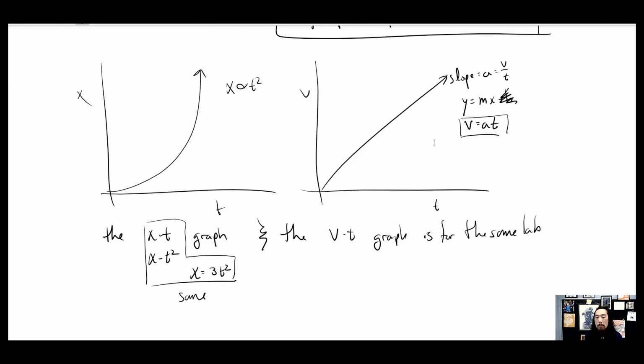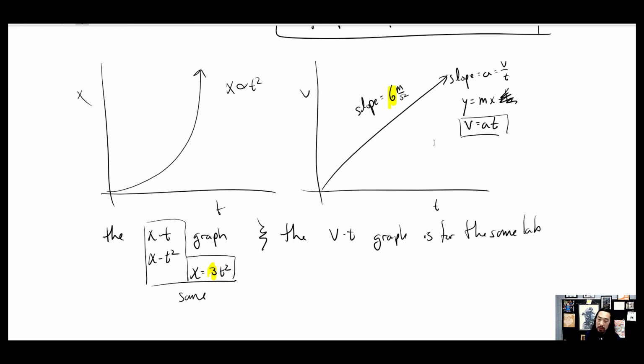Now what we're trying to do is connect the formula that we got, or the mathematical relationship, x is equal to 3t squared, to this vt graph. And the important thing here is that we found that the slope for this graph was equal to 6. So let's come up with a mathematical relationship between this 3 and this 6.